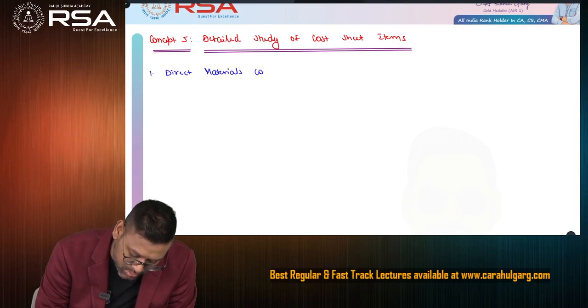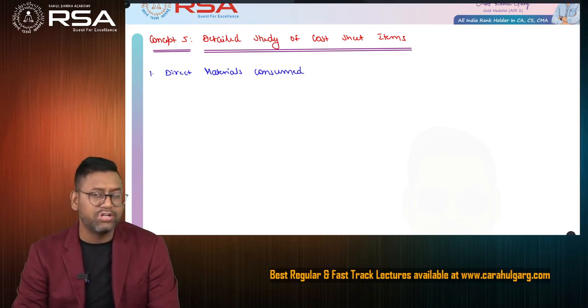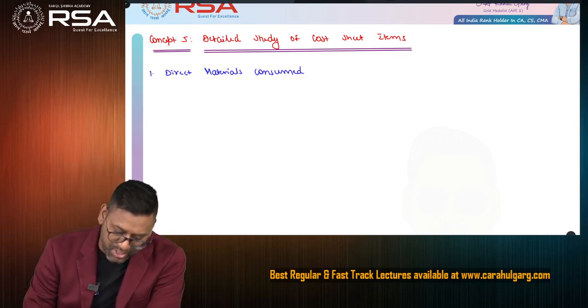Direct materials consumed. You may say it raw material consumed as well. Let's first of all make a list.